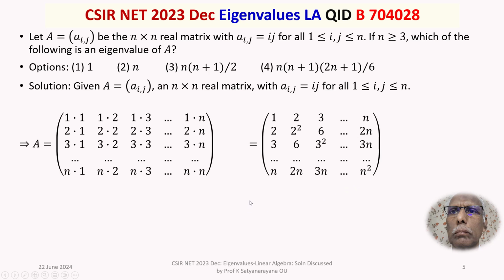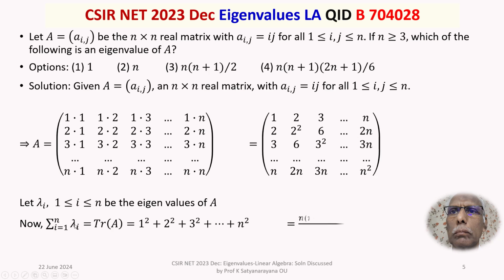Right. So what is it that we want to talk about? We want to talk about an eigenvalue of this A. So let lambda_i, 1 ≤ i ≤ n, be the eigenvalues of A. Then the sum of all the eigenvalues, sigma lambda_i, will be the sum of the diagonal entries, that is the trace of A. So the sum of lambda_i for i equal to 1 to n is equal to the trace of the matrix A, which is the sum of the diagonal entries, that is 1 squared plus 2 squared plus 3 squared up to n squared.